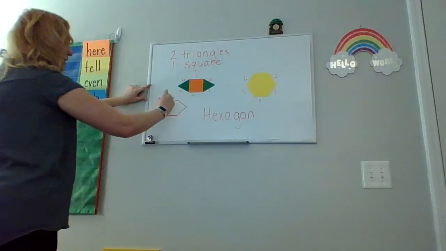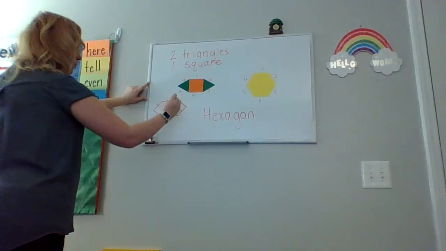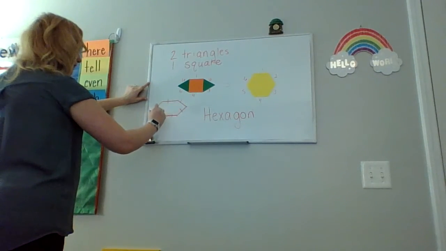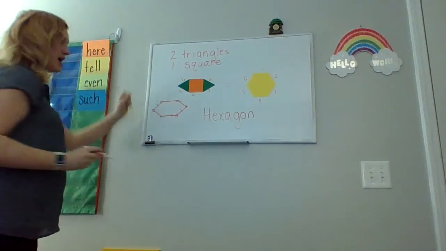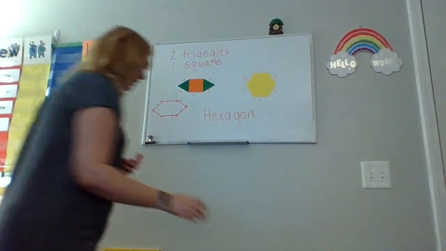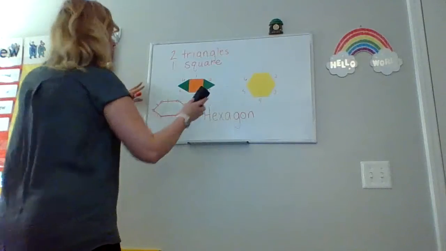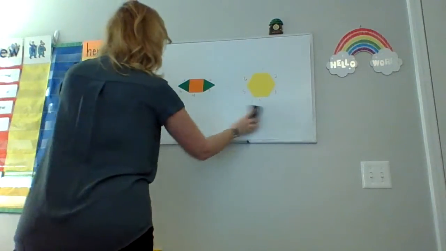There's still 1, 2, 3, 4, 5, 6 sides, and there's still 1, 2, 3, 4, 5, 6 vertices. So it's still a hexagon. So today we're going to talk about that as well, but we're going to go over some shapes first, just to make sure that we understand the attributes of those shapes.